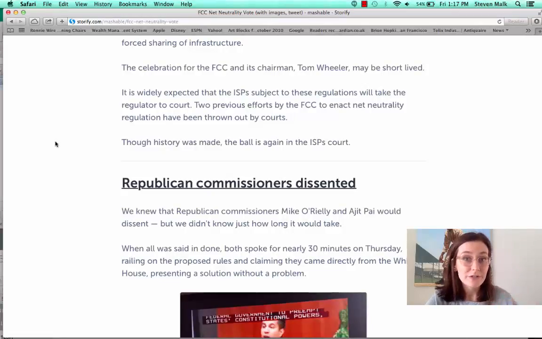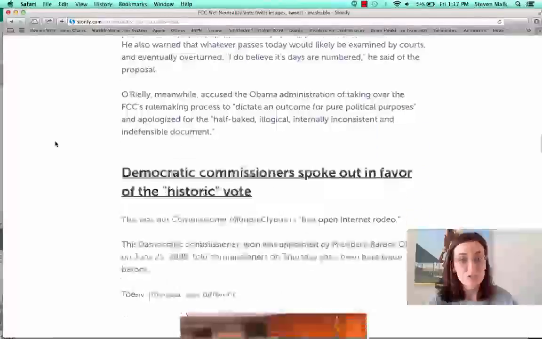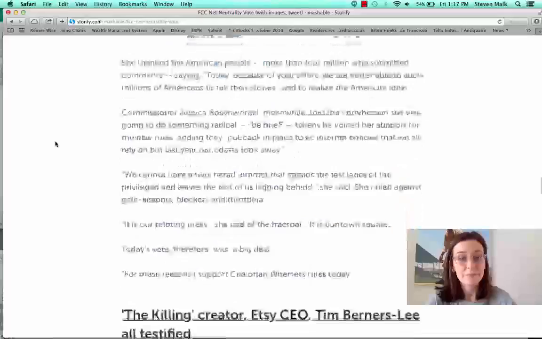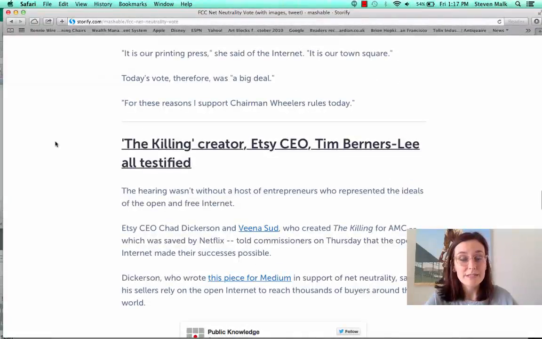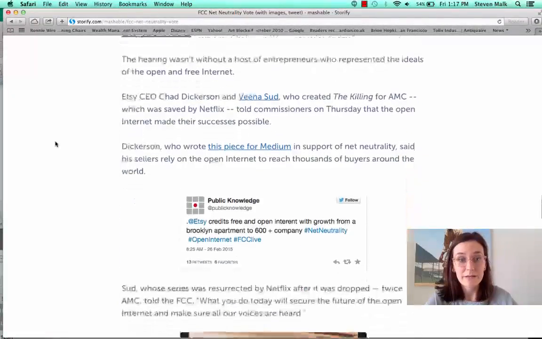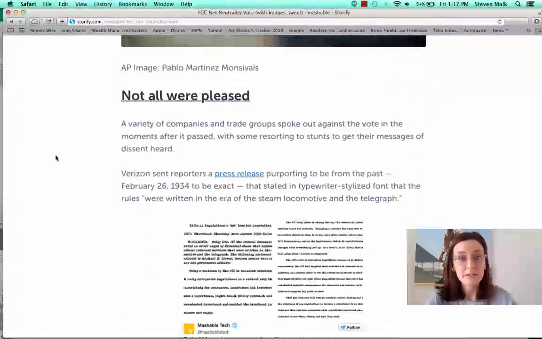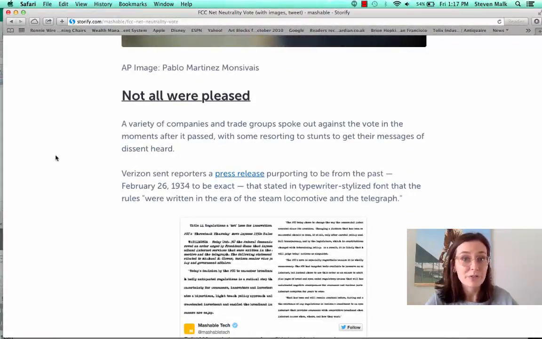It shows where different stakeholders ended up landing in the issue. So Republican commissioners dissented, Democratic commissioners spoke in favor, other stakeholders who spoke out in favor, and then finally those who were not pleased with the way the vote turned out.